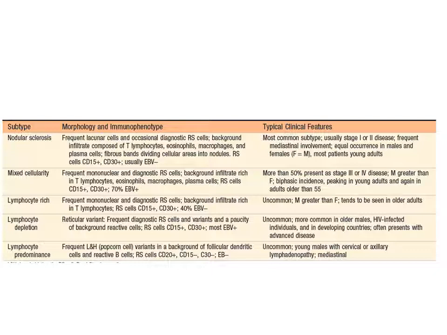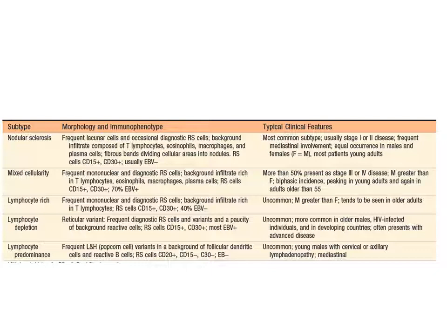The RS cells are again positive for CD15, CD30, and maybe 40% of these may be negative for Epstein-Barr virus. Typical clinical features: this is an uncommon type. Males are involved more than females, it tends to be seen in older adults, and patients are of old age.